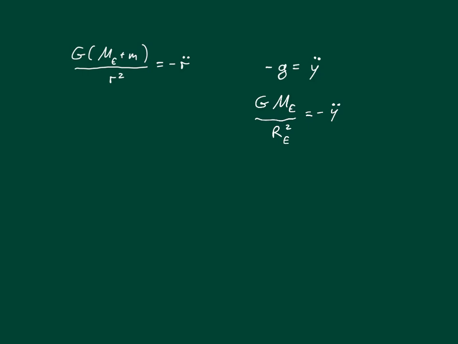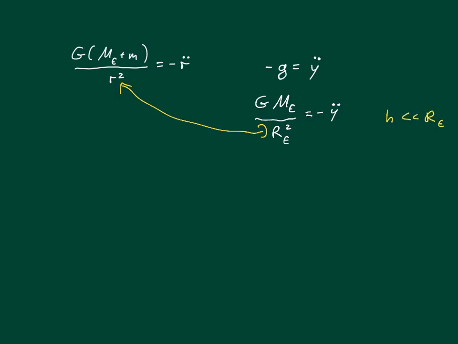So we see that there are two assumptions made. First, the force is not depending on the height, so it's simply because the height which we assumed at the very beginning, from which the object is falling, is much smaller than the radius of the Earth.